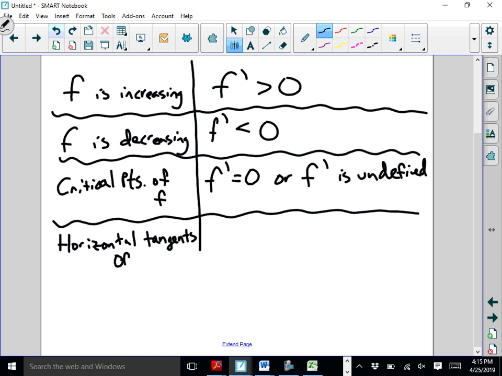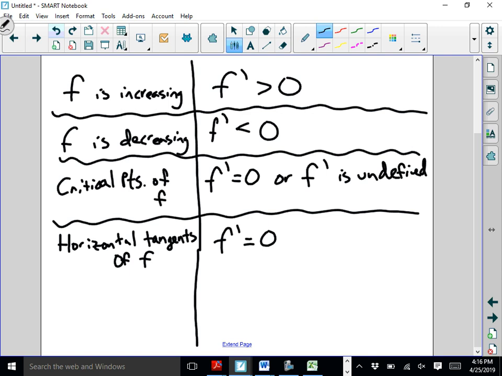Okay? A horizontal tangent of f is simply when f prime equals 0. Okay? A horizontal line has a slope of 0, so f prime must equal 0. It doesn't include f prime being undefined.